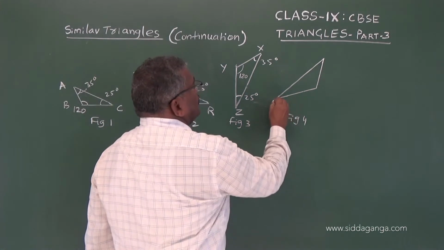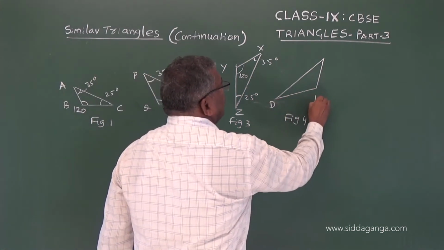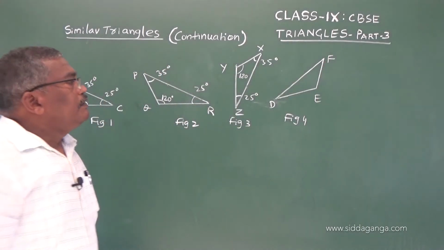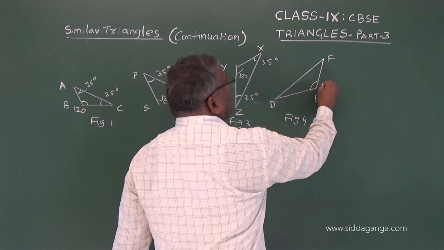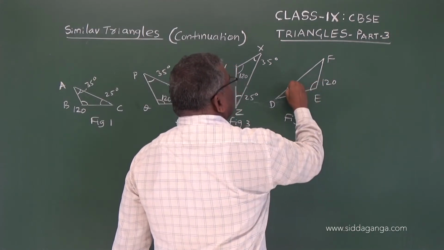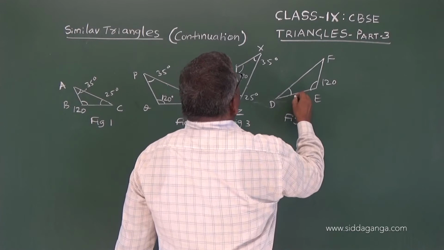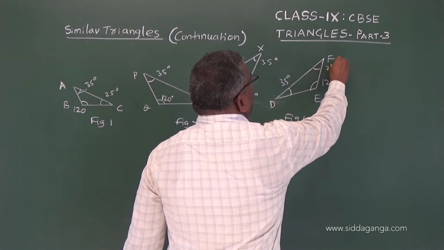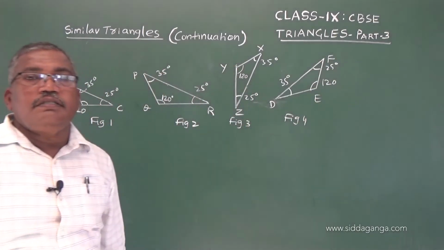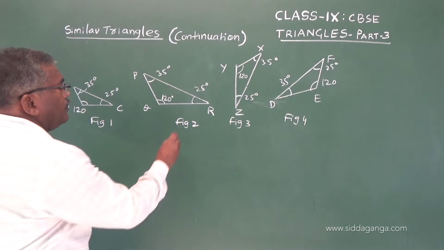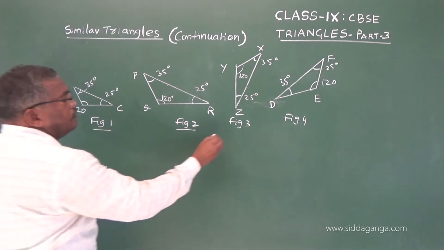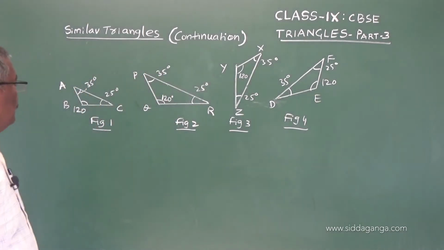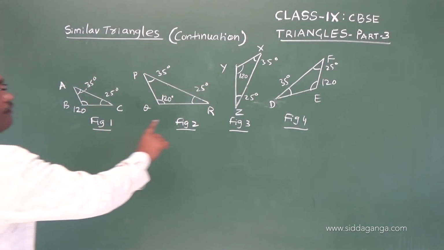Now I will call this DEF. Here this is 120 degrees, this is 35 degrees and this is 25 degrees. Why I am writing so many figures, I will explain to you one by one. So this is one set of figures.